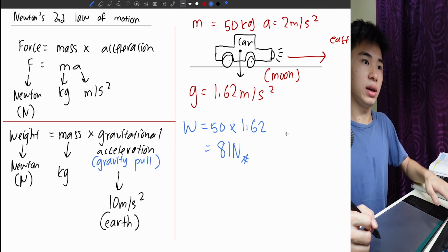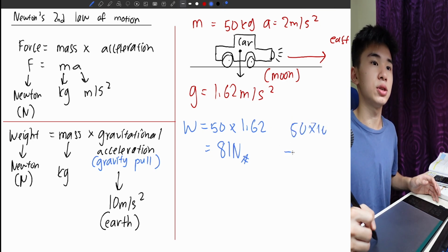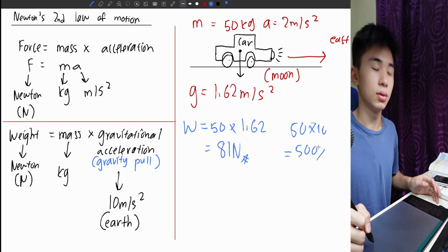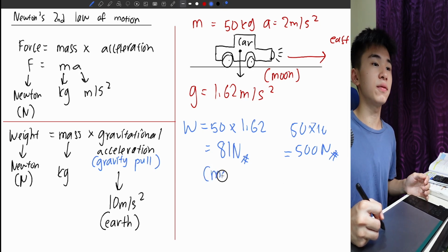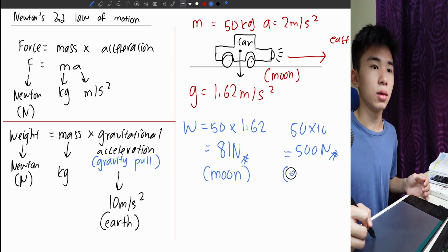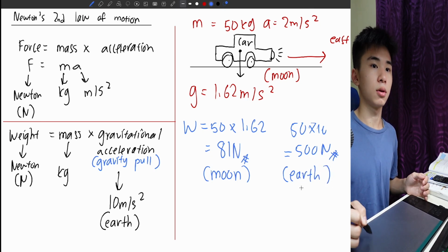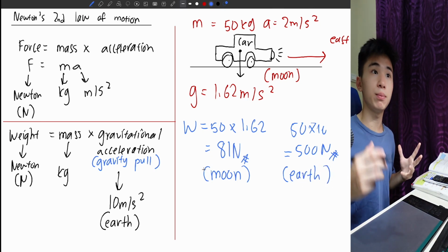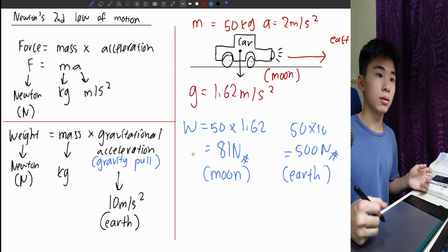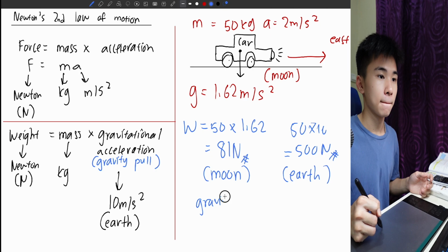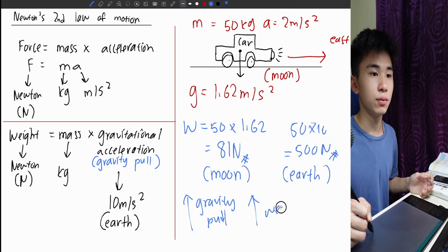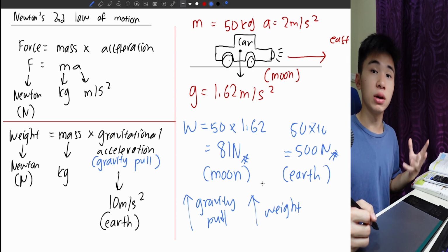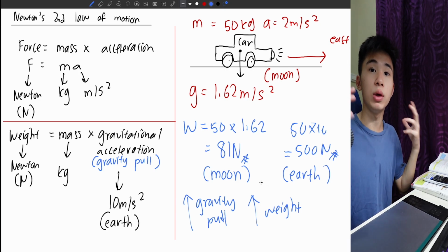If the weight on Earth is 50 times 10, which is 500 newtons, can you see the difference? This is the difference between the moon and Earth. Which means if you have a greater gravity pull, you will have more weight. If the gravity pull increases, your weight will increase as well, if you are comparing both cases with the same mass.